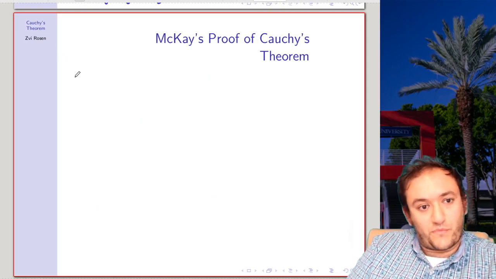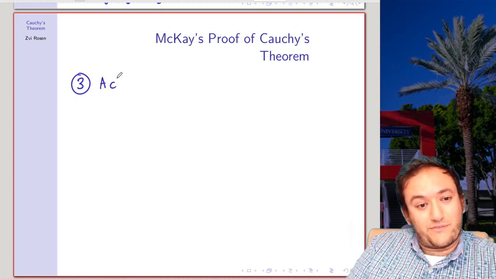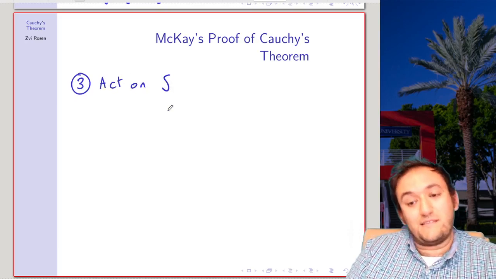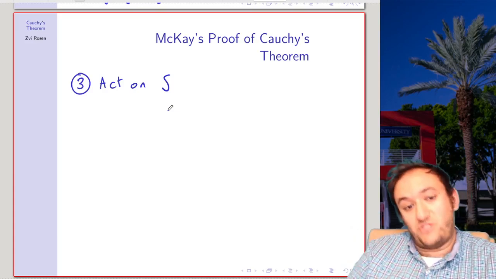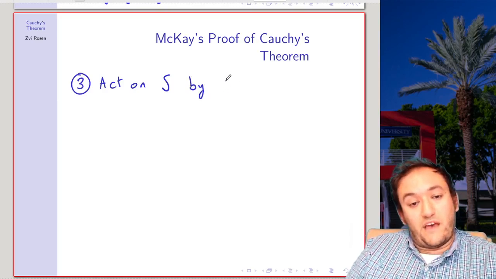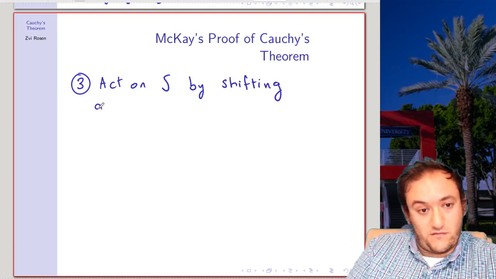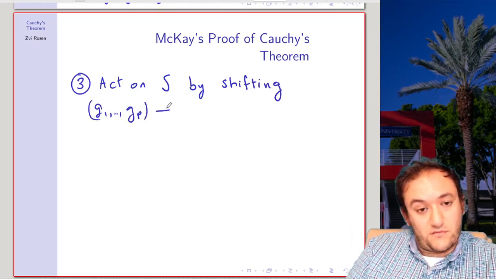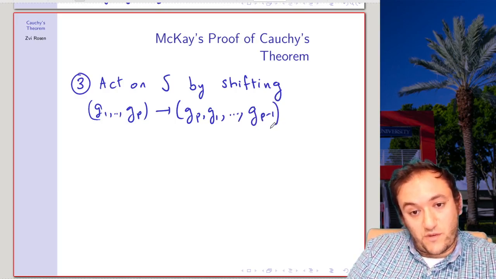Okay, so now we're going to act on S, this set of p-tuples of elements of G, by shifting cyclically. By shifting (g1, ..., gp) to (gp, g1, etc., gp-1).